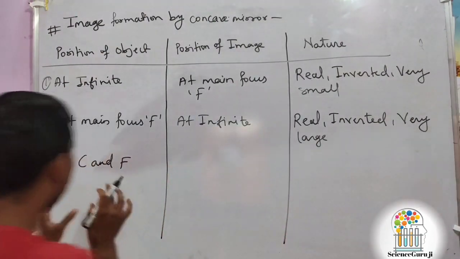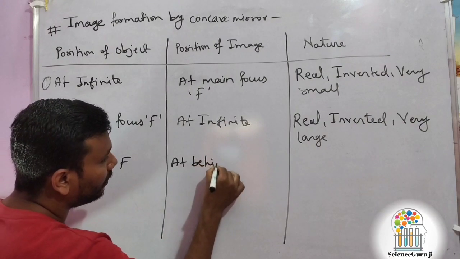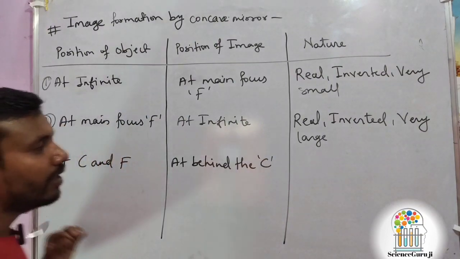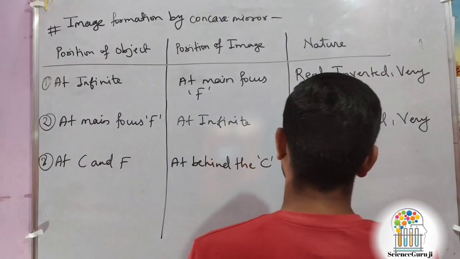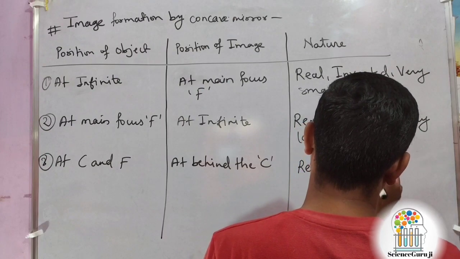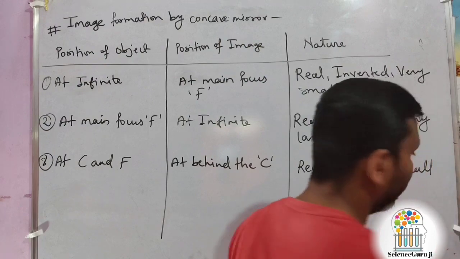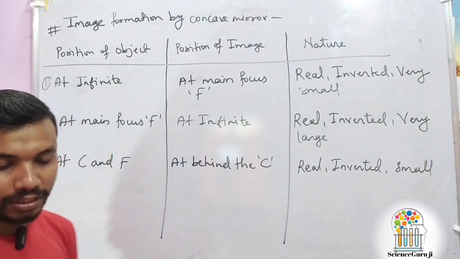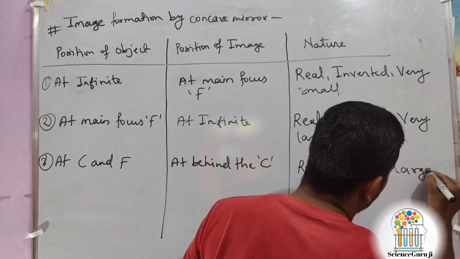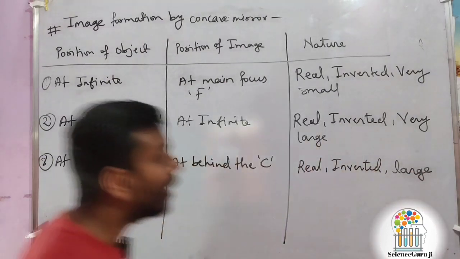So here the image is formed behind the center of curvature, and the image is real, inverted and, sorry, not small, it is large. The image formed here is real, inverted and large.